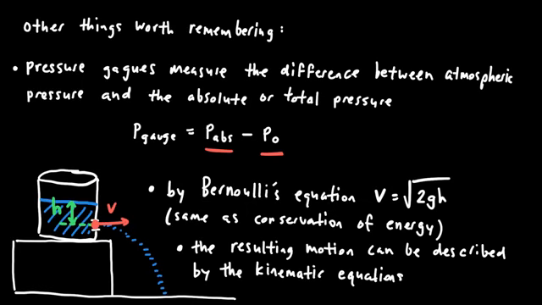And we found that the speed of the fluid coming out is related to the depth by v equals the square root of 2gh, which was the exact same thing that we learned about the relationship between v and h for conservation of energy for mechanical systems in AP Physics 1. And so, you can study the speed of the fluid coming out by looking at how far it travels on the floor, and so it turns into a projectile motion problem where you can use the kinematic equations to study how that works.